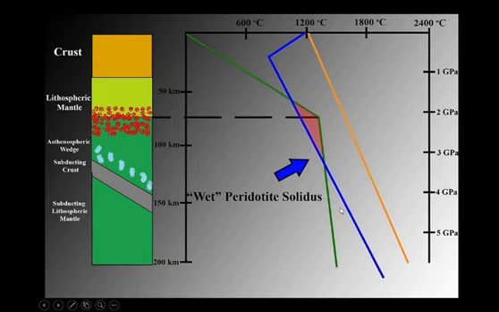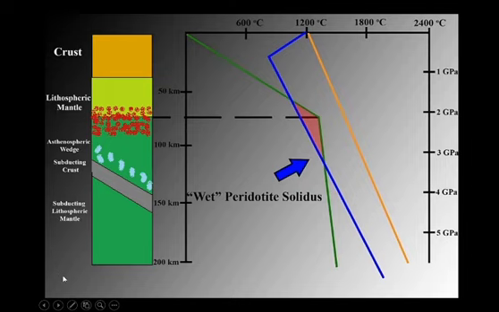Here we can see the blue line, which is the wet peridotite solidus line, and by that the melting occurs. If we compare with the other settings, here the proportion of melting is much higher than the others. So this is another process by which basaltic magma can form.